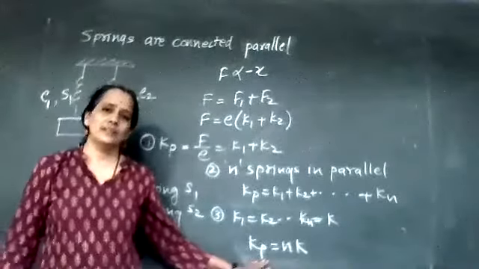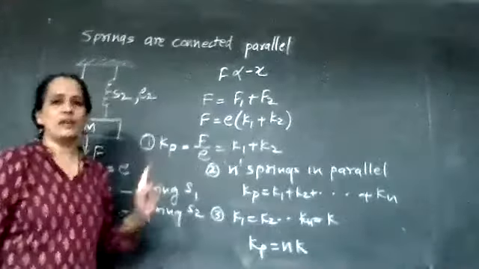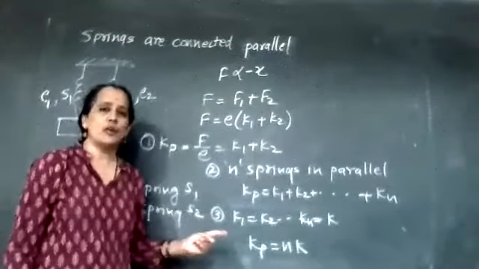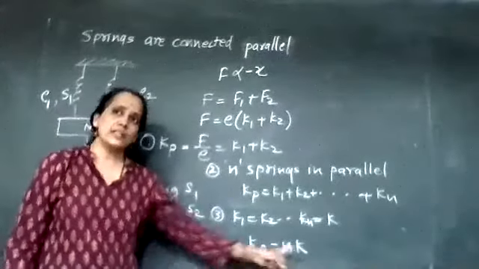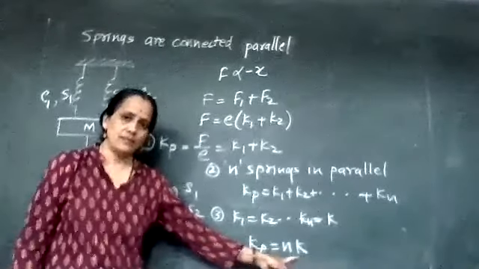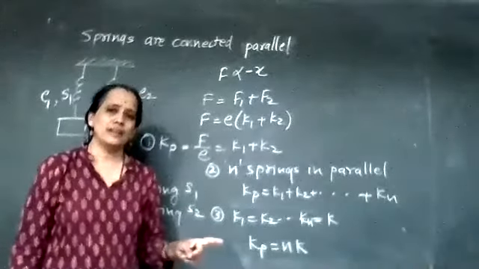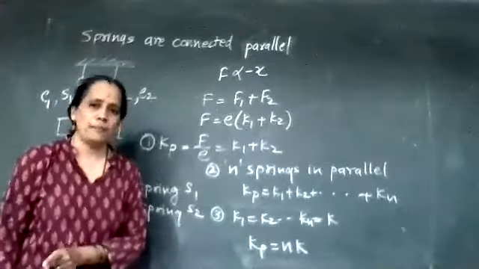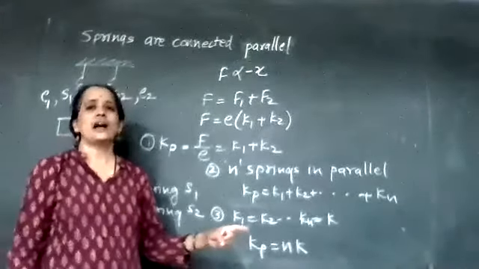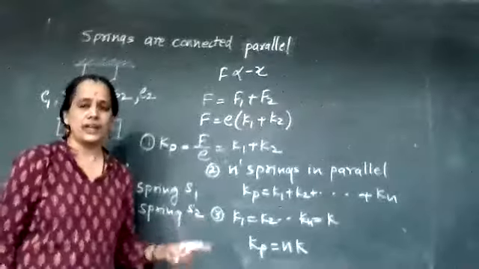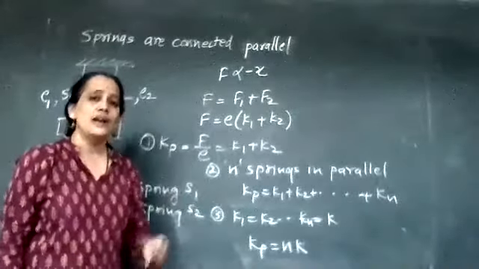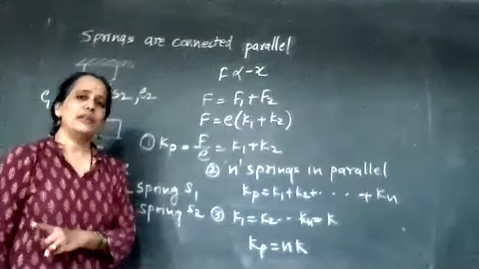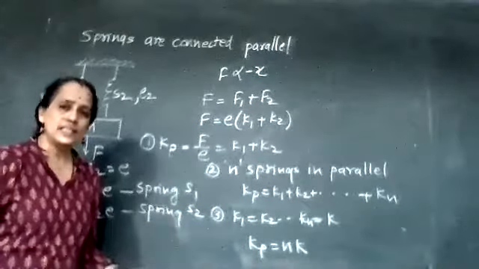Again here, you have to recall your formula from electrostatics. If capacitors are connected in parallel combination, then Cp is equal to C1 plus C2 plus C3 up till Cn. And if all capacitors are of equal value, C1 is equal to C2 is equal to C up till Cn, then we get the formula Cp is equal to nC.